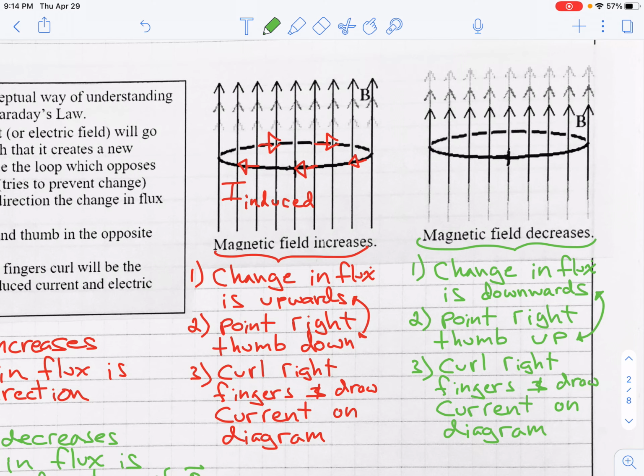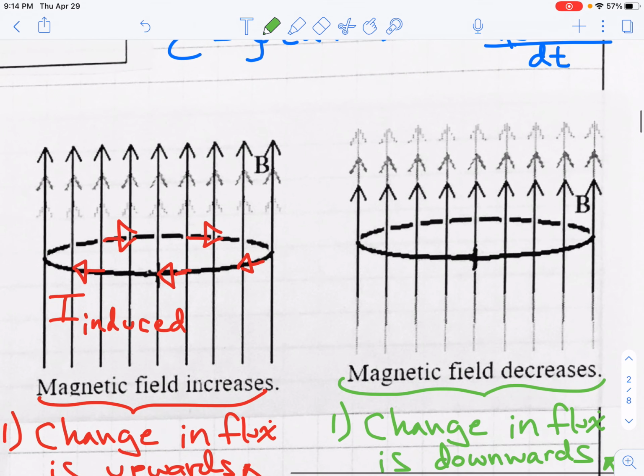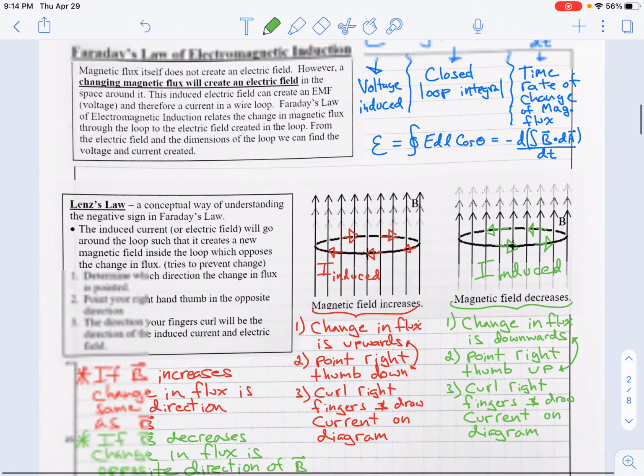So change in flux is downwards. You point your thumb in the opposite direction as the change in flux. So point your thumb up, curl your fingers, and you'll find that the current then goes in the opposite direction here. So there's the induced current.